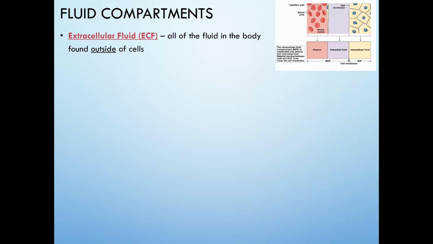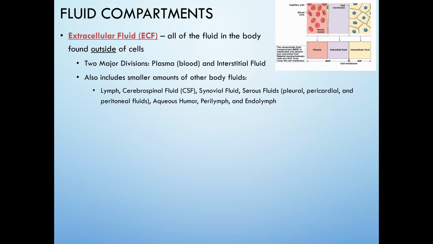However, the ECF also includes smaller amounts of other body fluids, such as your lymph, cerebrospinal fluid, synovial fluid in your joints, serous fluid in your body cavities, which would be your pleural, pericardial, and peritoneal fluids, aqueous humor in your eye, and perilymph and endolymph in the structures of your inner ear.